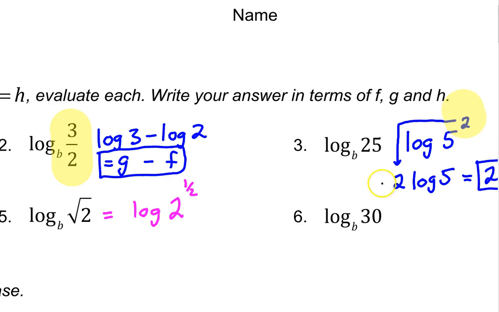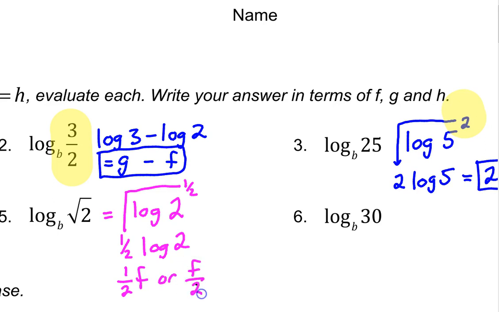So in this case, we'll kind of do like we did in number 3 and take an exponent and make it a coefficient. So I'm going to take this exponent. It's going to be 1/2 times log of 2. And we know log of 2 equals f. So this is going to be 1/2 f, or you can rewrite that as f over 2. Same thing.